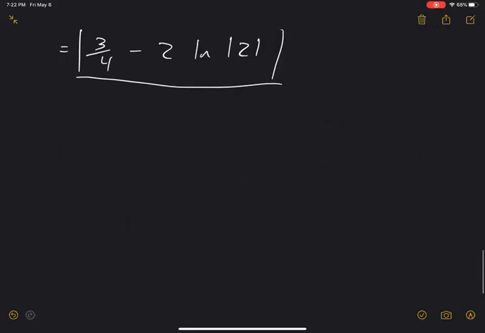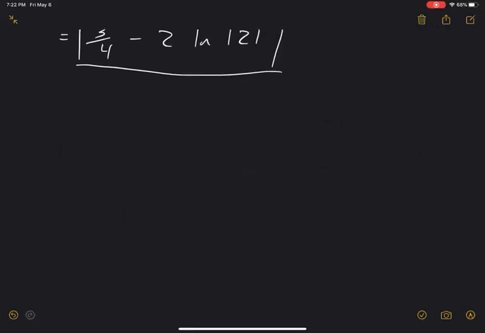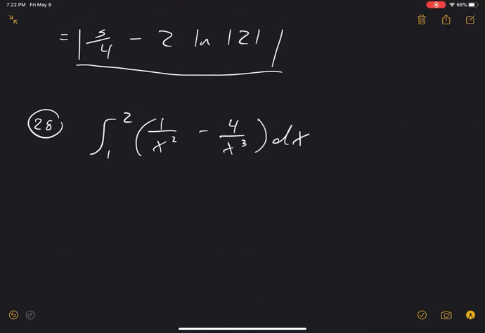Let's do one more definite integral. How about number 28? So from 1 to 2, 1 over x squared minus 4 over x cubed dx.